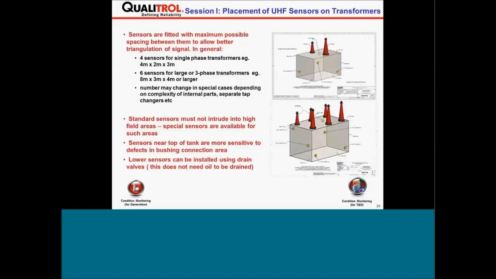For a typical large 3-phase transformer, you really want 6 sensors for location, and for a typical one up to maybe 8 meters by 3 meters by 4 meters high or larger, you'd want a triangular distribution on a wall.